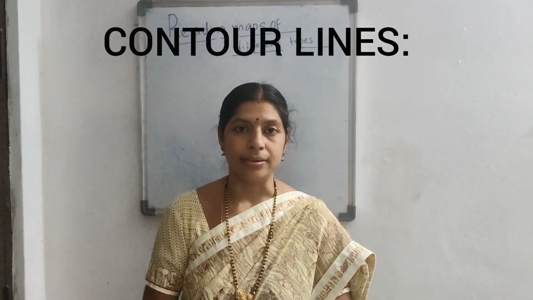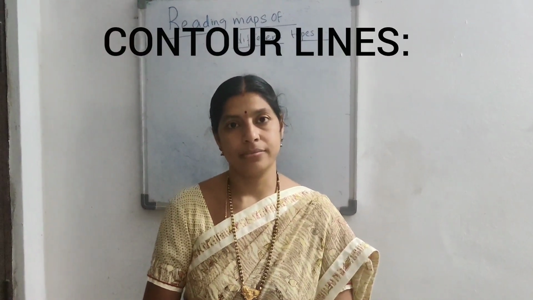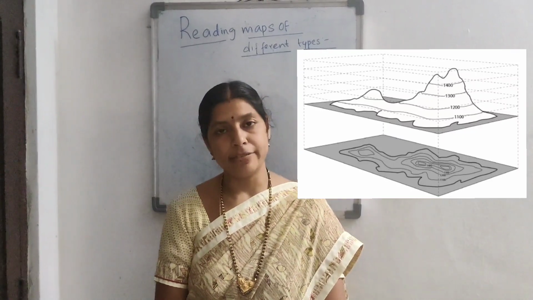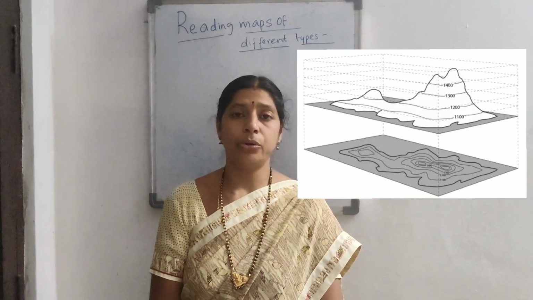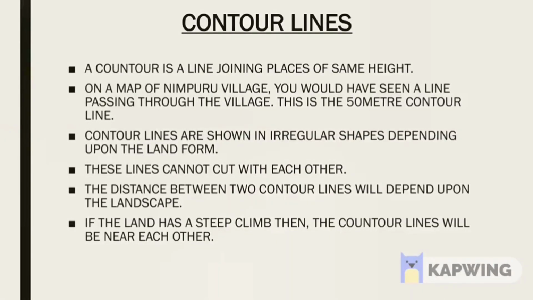Contour is a line joining the places of equal height. All heights on the land are calculated from the sea level. How to calculate the sea level? A contour is a line joining places of the same height. Contour lines are shown in irregular shapes depending upon the landform.